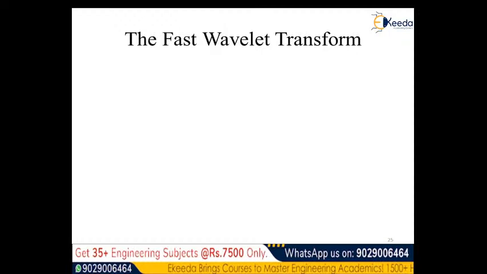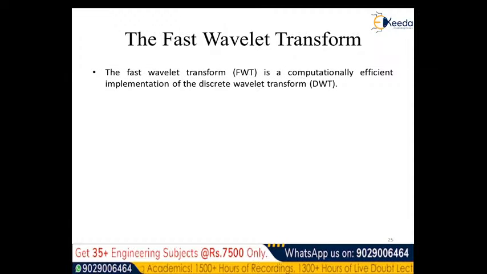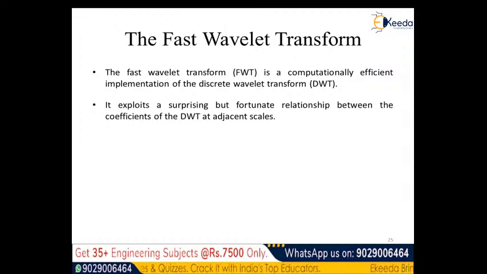FWT is the abbreviation for the fast wavelet transformation, which is a computationally efficient implementation of the DWT that we have just seen. It makes use of a very interesting and surprising but fortunate relationship between the coefficients of the DWT at adjacent scales.